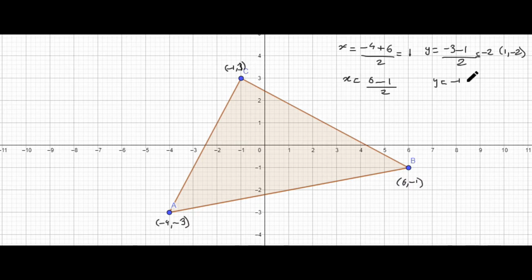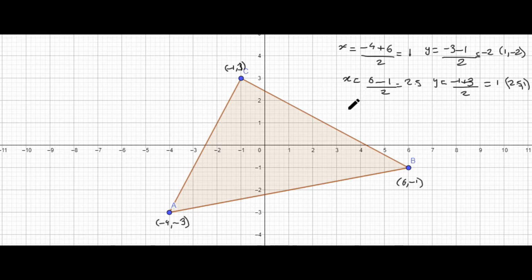So -1 plus 3 over 2. When we simplify, 6 minus 1 is 5, and 5 over 2 gives 2.5. And -1 plus 3 gives +2, divided by 2 gives 1. So the ordered pair would be 2.5, 1.